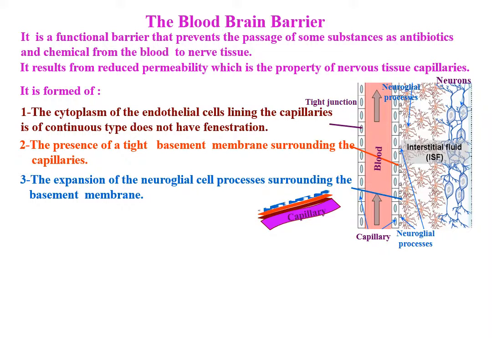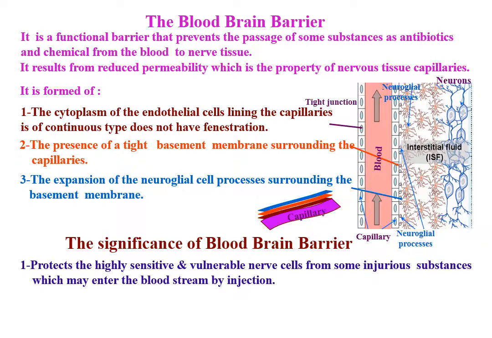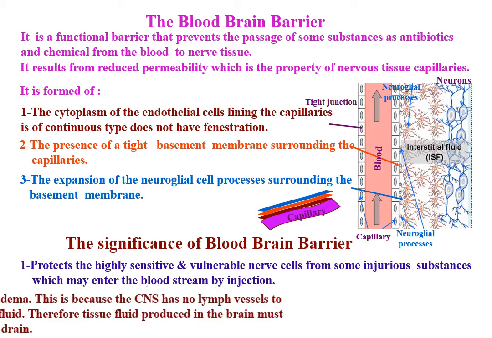The significance of the blood-brain barrier. It protects the highly sensitive and vulnerable nerve cells from some injurious substances which may enter the bloodstream by injection. It prevents the occurrence of edema.